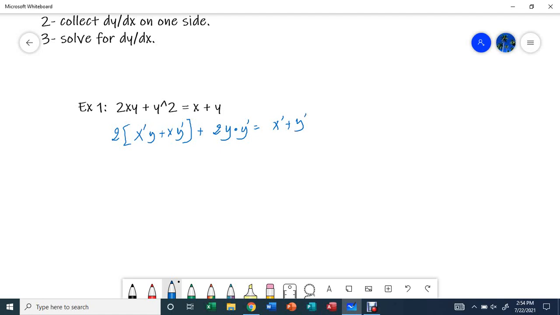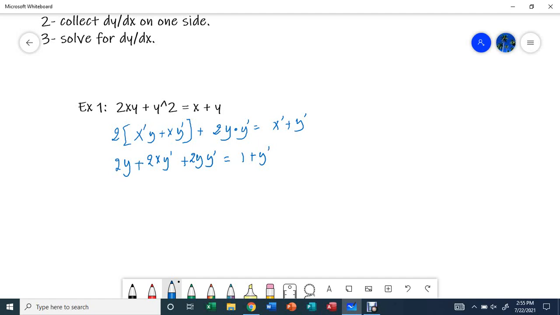And now we can simplify and collect y prime on one side. So it's going to be 2 times x prime, and x prime is 1, so 2y plus 2x y prime plus 2y y prime equals, x prime is 1, plus y prime.